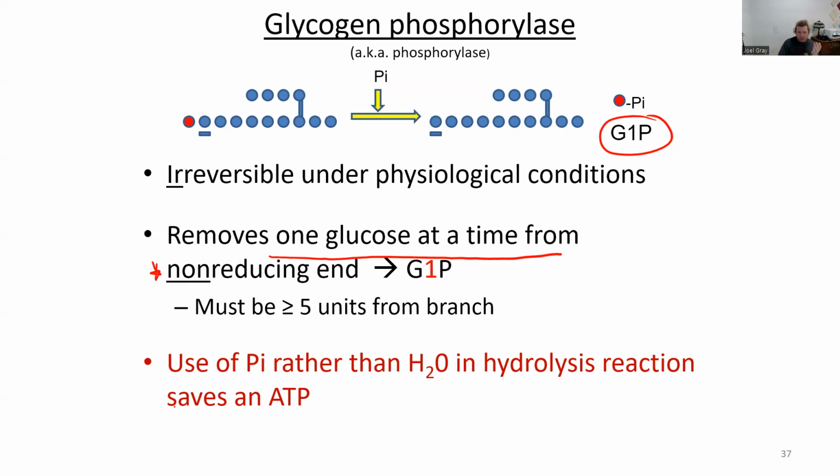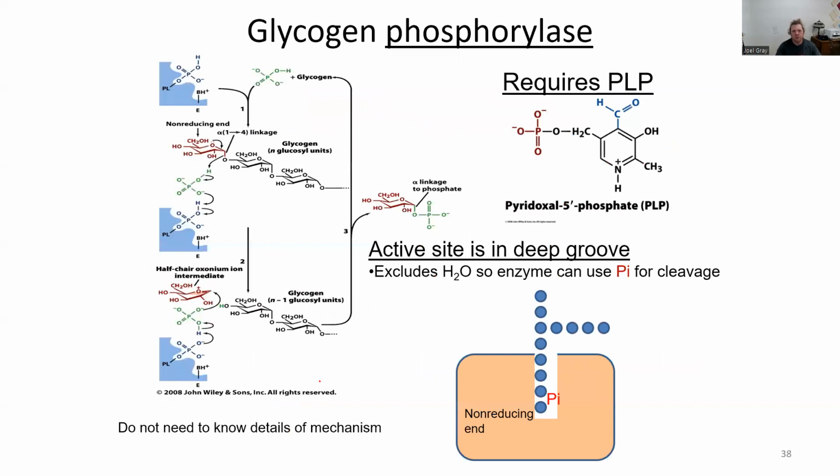You could think about the active site: as soon as it gets close to that branch point, it has to stop because it cannot manipulate around that branched molecule. So effectively, if you have a linear molecule, glycogen phosphorylase can do the job. But as soon as you introduce a branch, then you have to manage that branch in a certain way. Inorganic phosphate, or Pi, is used as opposed to ATP. So we don't have to use any ATP for this hydrolysis.